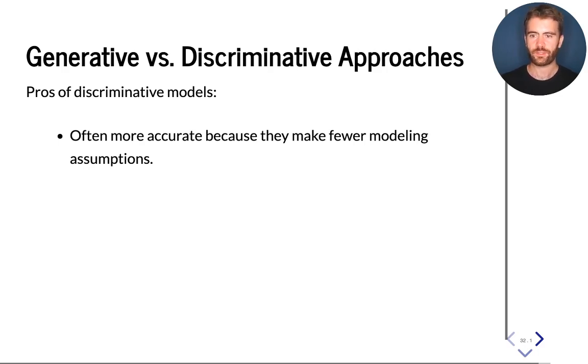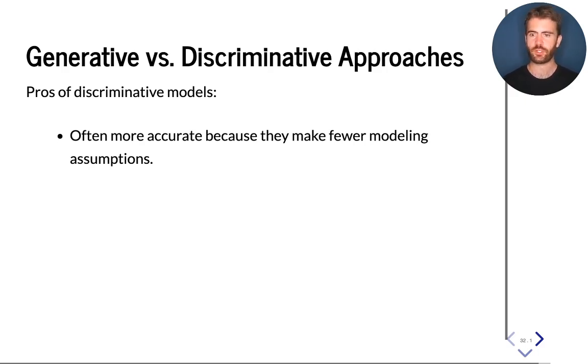So in practice, especially given larger data sets, discriminative models often give us better predictive performance. And I would say that the kinds of algorithms that are used in most machine learning applications are actually discriminative.